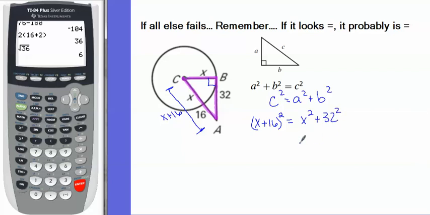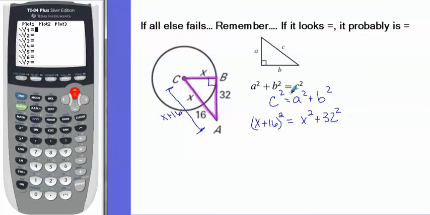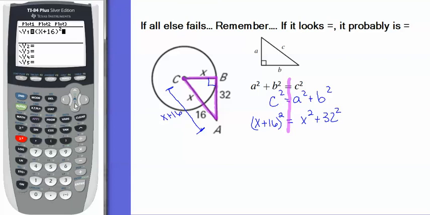Now I have a couple of different options here. This looks like I might get way confused on the SOL, so I'm going to come over here, back to my drawing board of my y equals, and I'm just going to type in both sides of my equation. It's important to notice here's my equal sign, and I'm going to write in parentheses x plus 16 squared.